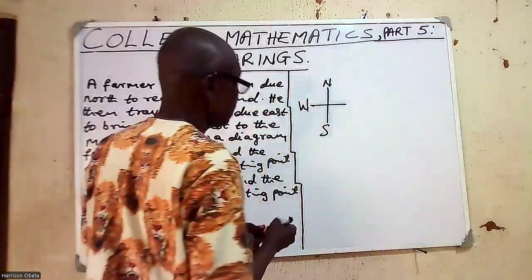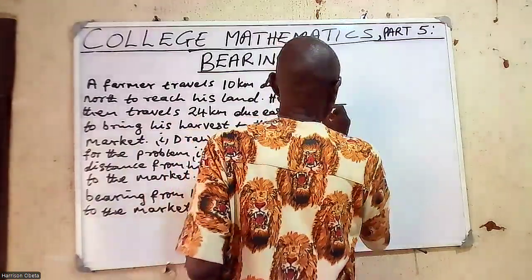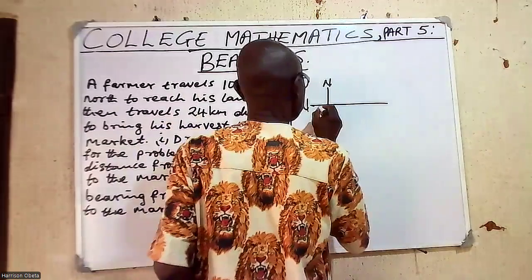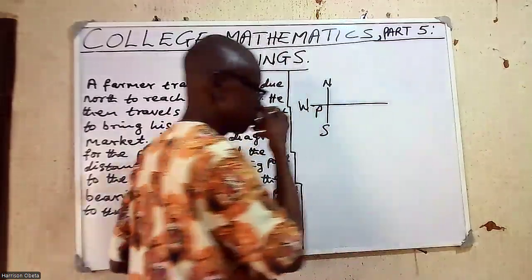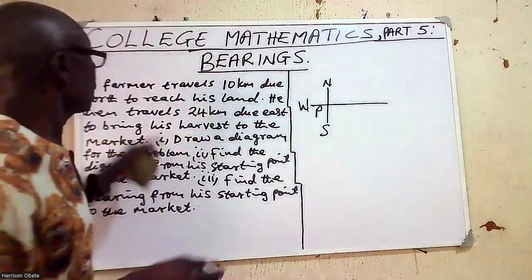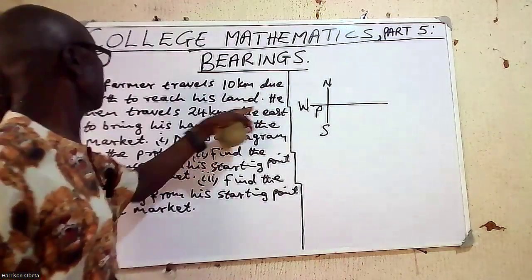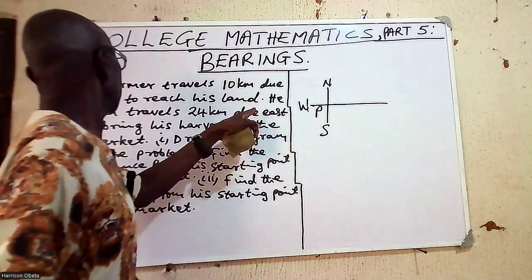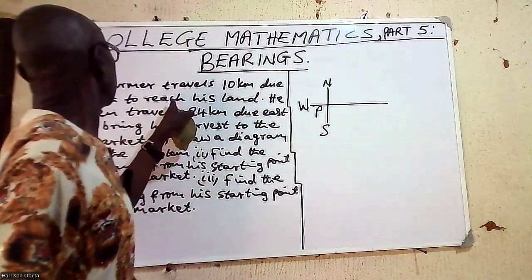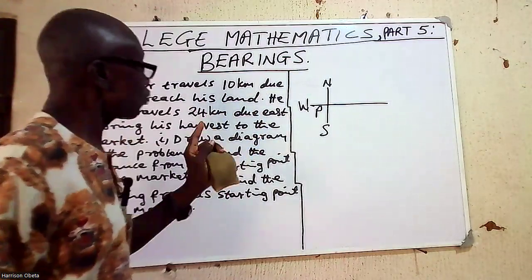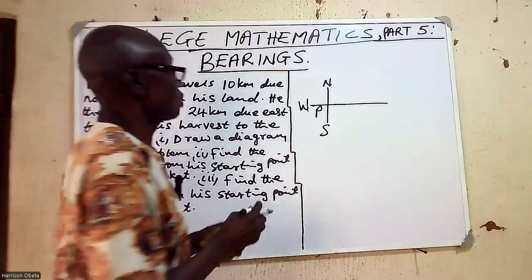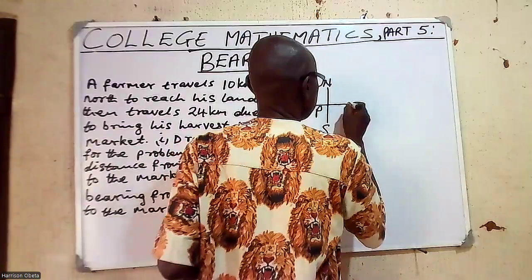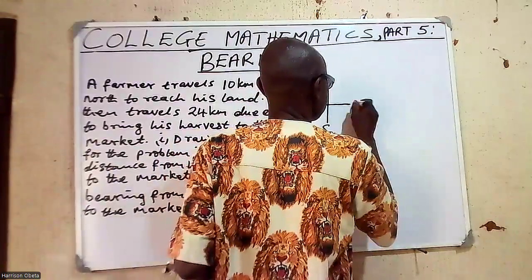The farmer started from here. Let's call this P. The first one is due north, not due east, so let us leave this like this first.